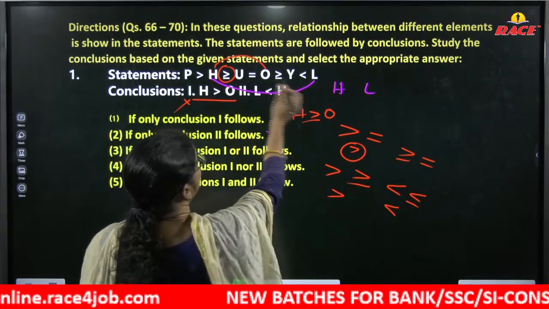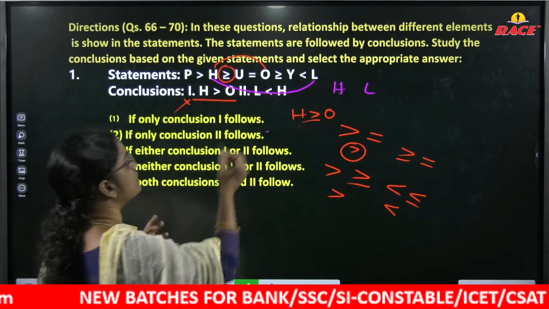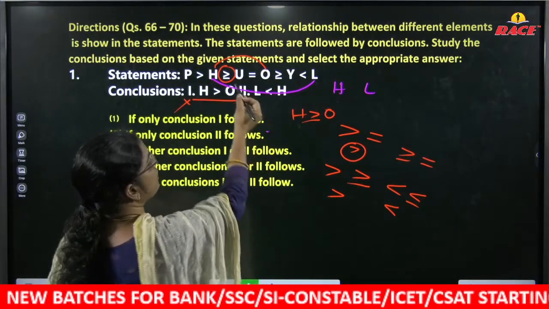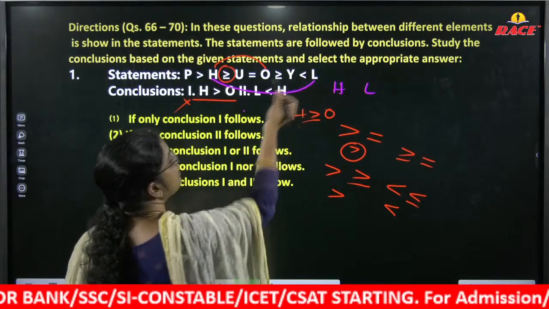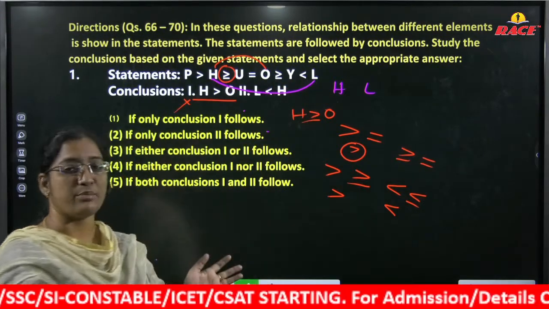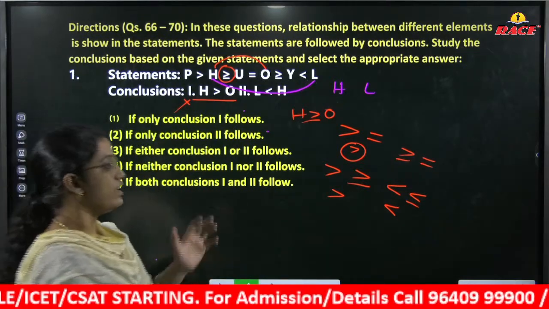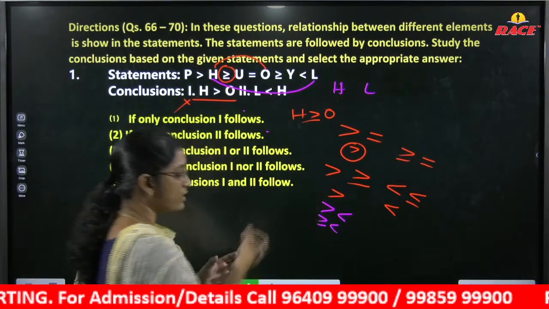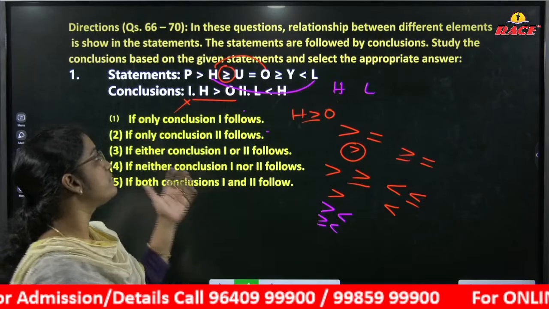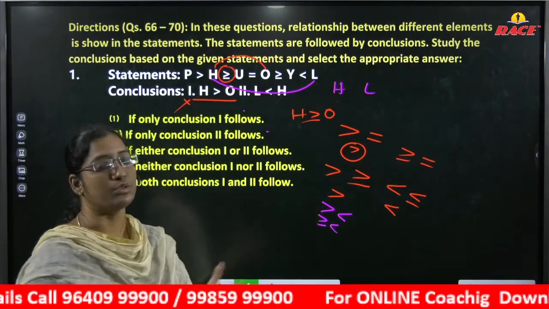Between H and L we have so many symbols, so just observe them: greater than or equal, greater than or equal, and less than. That means we do not have similar types of symbols, we have opposite symbols between H and L. If opposite symbols are present between any two terms, there is definitely no relation between those two terms.